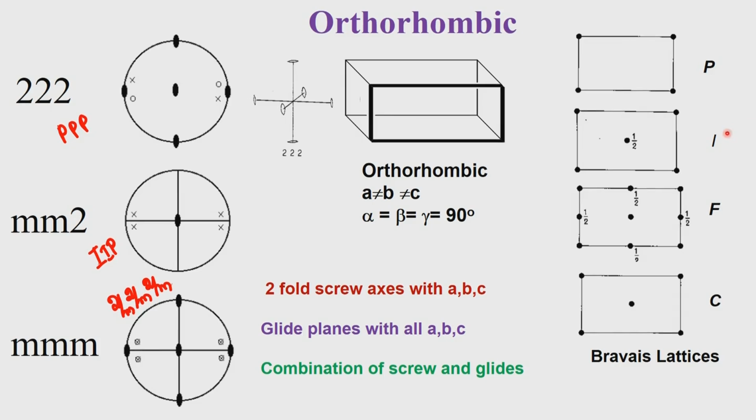So, orthorhombic in fact is one of those systems which has the highest number of possible space groups, because it has the combinations of primitive, I centered lattices, F centered lattices, as well as A or B or C centered lattice.